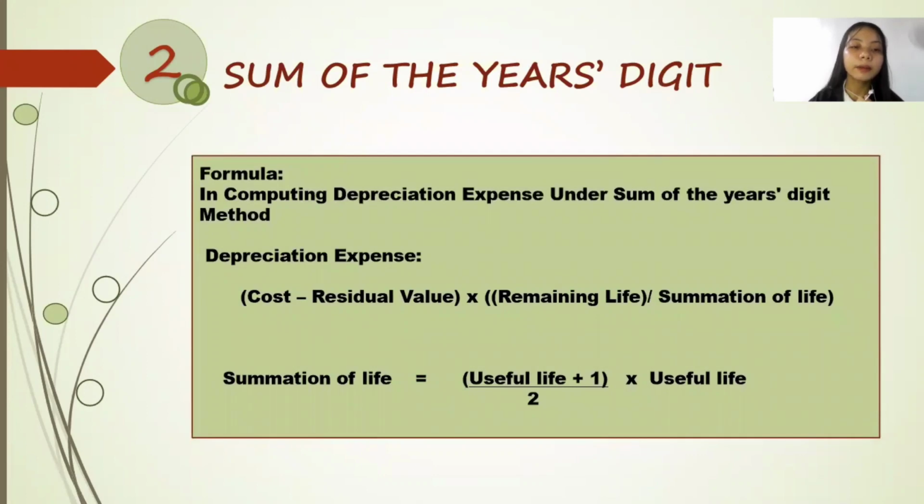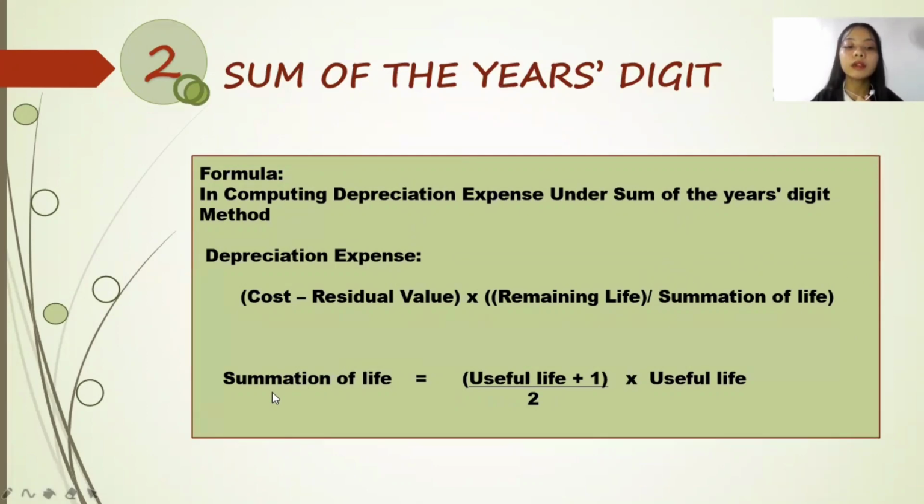Formula in computing depreciation expense under sum of the years digit, cost minus residual value. Again, ano yung makuha natin dito is depreciable amount. Multiply by remaining life, kung ilan na lang yung life niya, over summation of life. Ibig sabihin, total life niya, kung ilan.